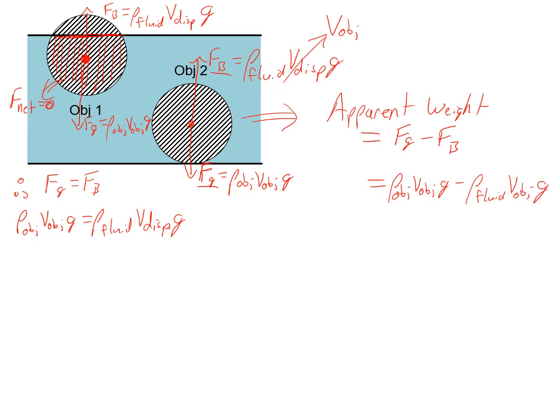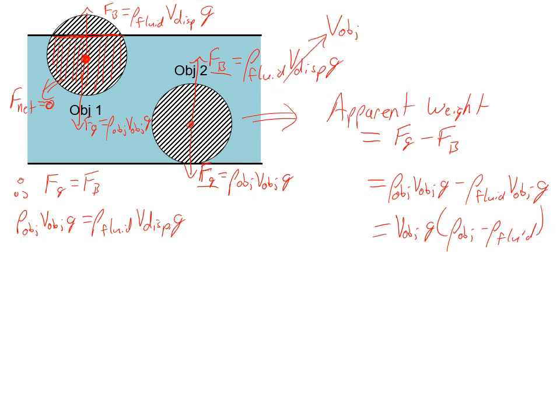You may recognize this from a problem that we did earlier. Again, we can factor out a couple things here: the volume of the object times g, and that leaves us with the density of the object minus the density of the fluid.